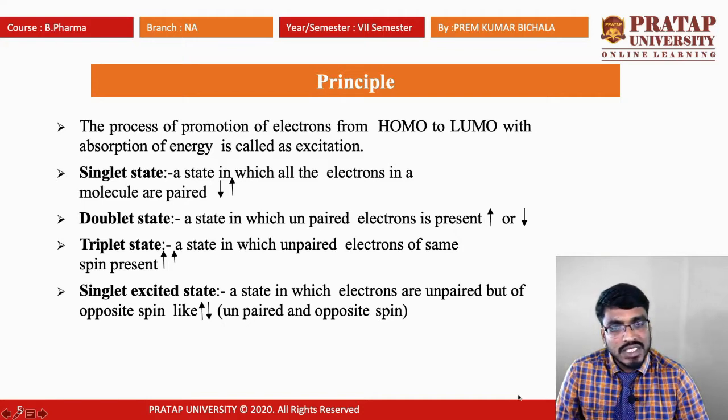In the doublet state, the electron is unpaired with either clockwise or anticlockwise spin. In the triplet state, the same spin is present. In the singlet excited state, the electrons are unpaired in nature and have opposite spins.